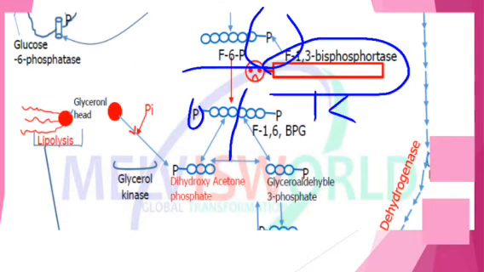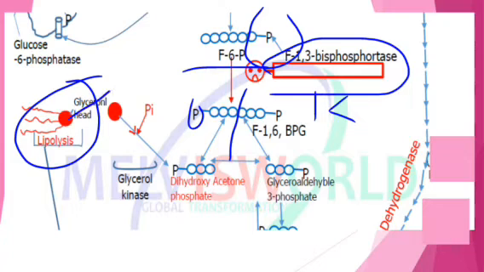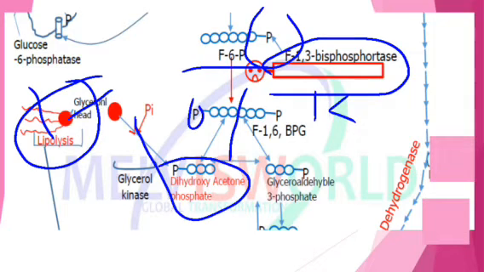Also, like we said, insignificantly, here is fatty acid, here is the glycerol head, here are the lipid tails. So once there is lipolysis, the glycerol head is separated from the fatty acids, and the glycerol head can have phosphate added by glycerol kinase and form dihydroxyacetone phosphate, which can then enter this pathway.